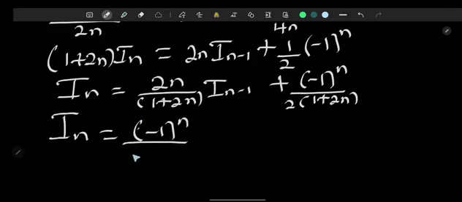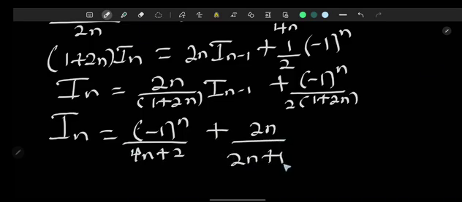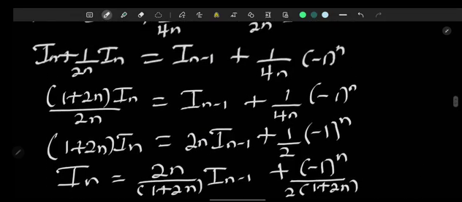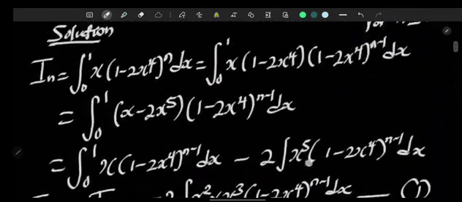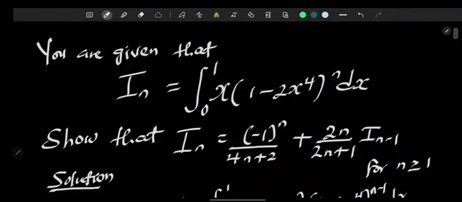I use 2 to expand the bracket, that's going to be 4n plus 2, then plus 2n, then over 2n plus 1 in minus 1. And this formula is valid when n is greater than or equal to 1, and that is what we are asked to show. You can see that here.